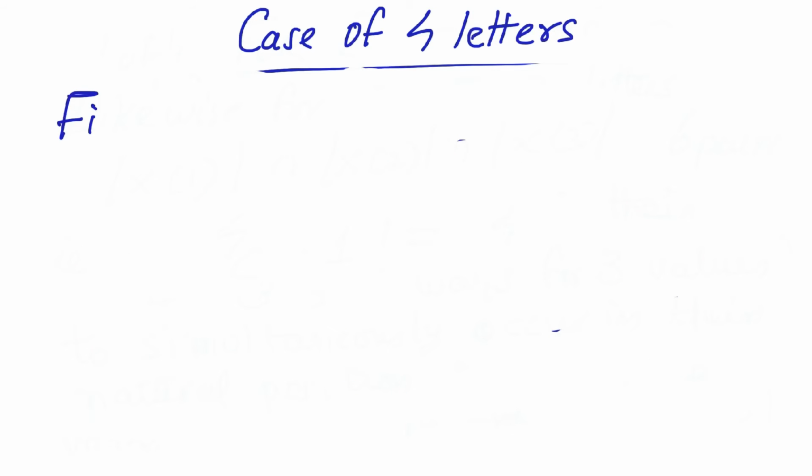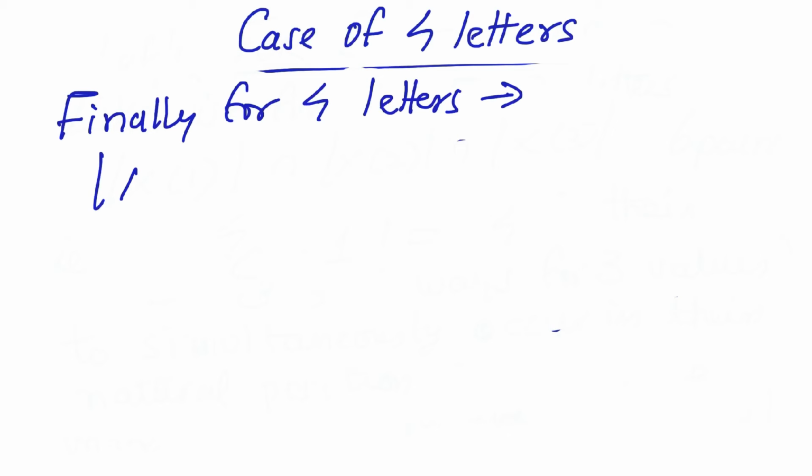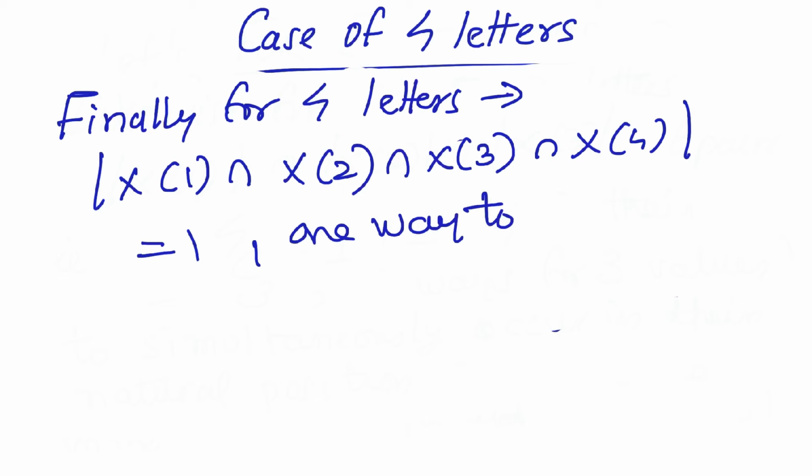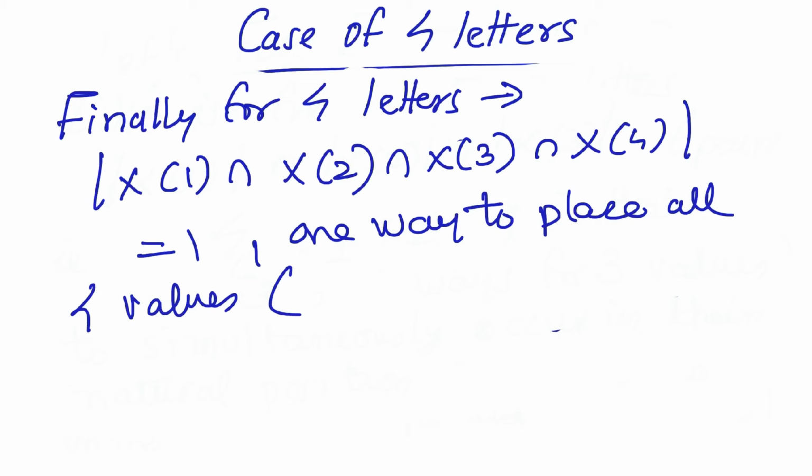Now, we have discussed up to 3 letters. What about 4 letters? As we are looking at x1 intersection x2 intersection x3 intersection x4. Interestingly, it's easily seen that for this case, there's only one way all of them can be simultaneously kept in their natural positions.